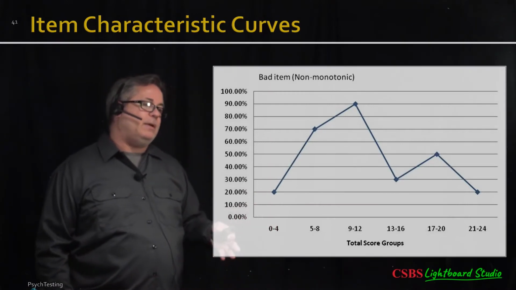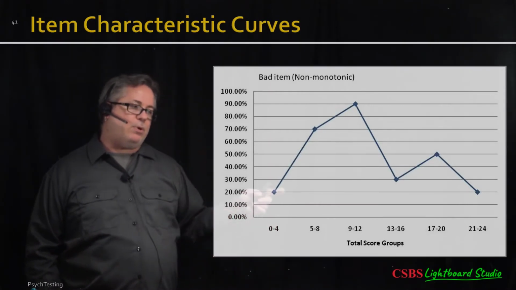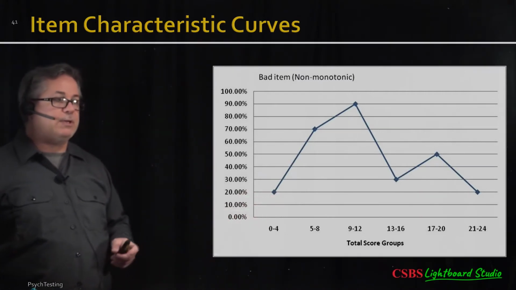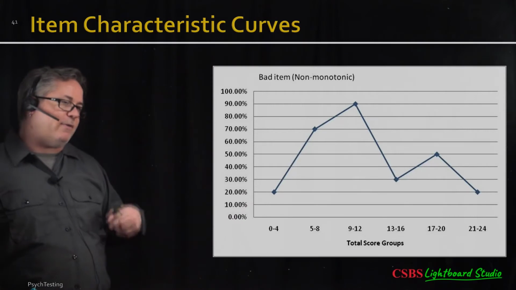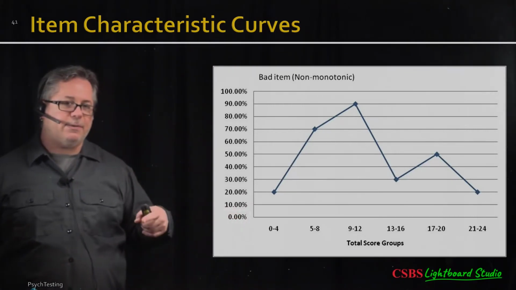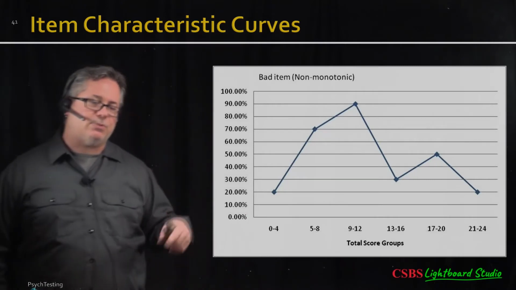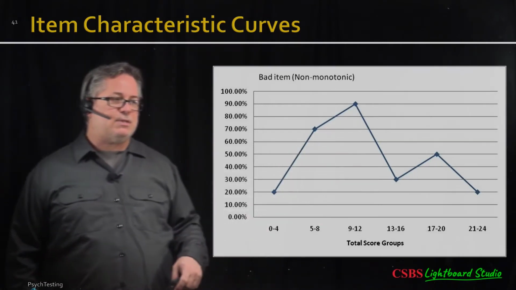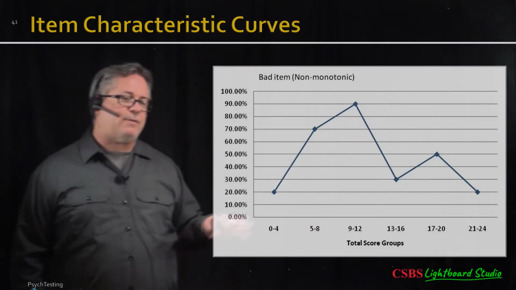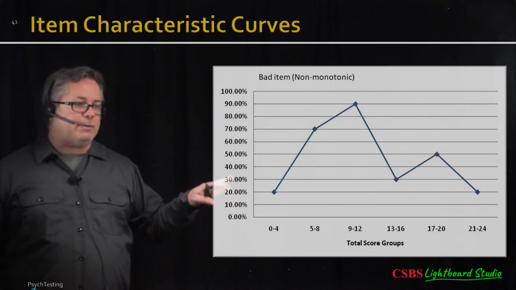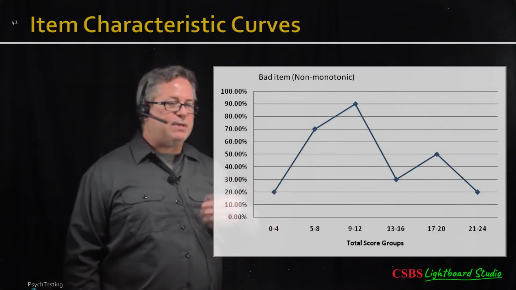It also could be a different story we'll talk about later on, where you will see these kinds of item characteristic curves in criterion reference tests, where you have sort of mastery learning, where students are allowed to take quizzes multiple times to increase their score. Then you will see curves like this, and the items don't necessarily have to follow a monotonic pattern, because you're getting different responses because of the mastery learning.